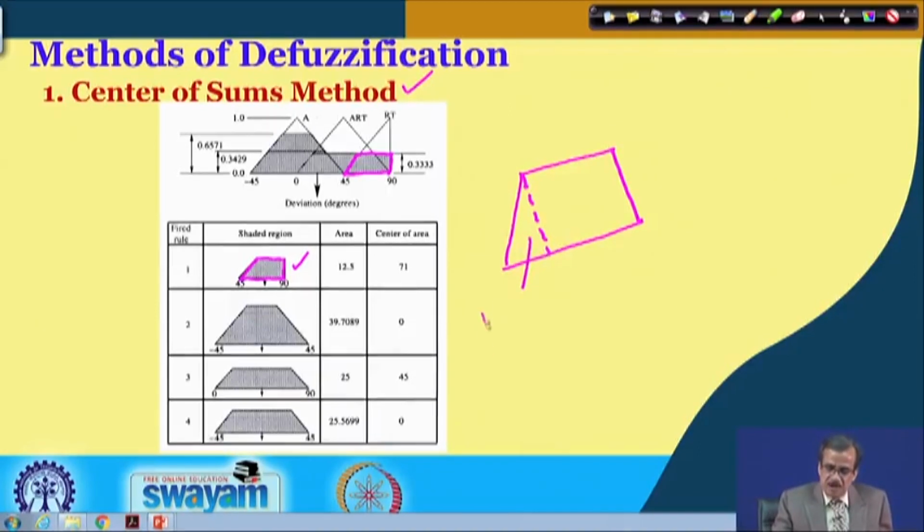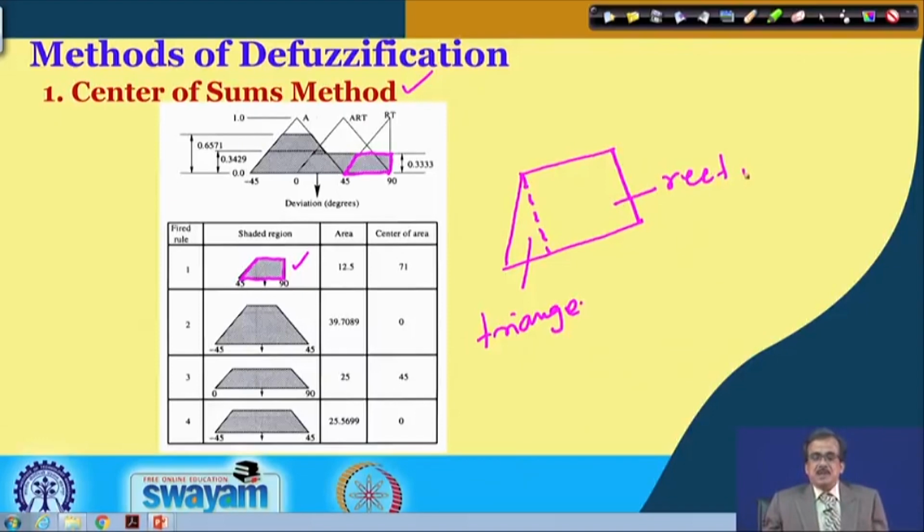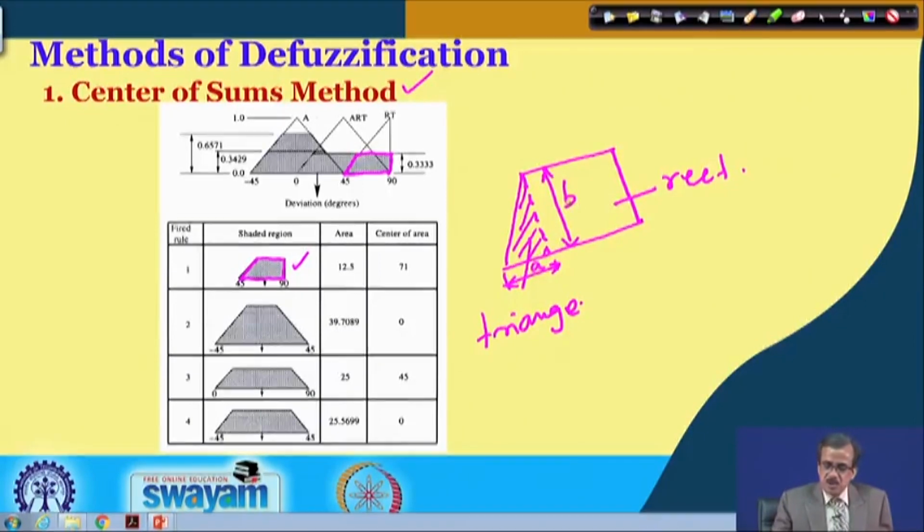This is nothing but a triangle, and this is nothing but one rectangle. For this particular triangle, very easily I can find out the area. If I know this particular dimension is say A, and this particular dimension is say B, the area, this is A1, is nothing but half into A into B, and where will be the center of area? The center of area, that is C1.